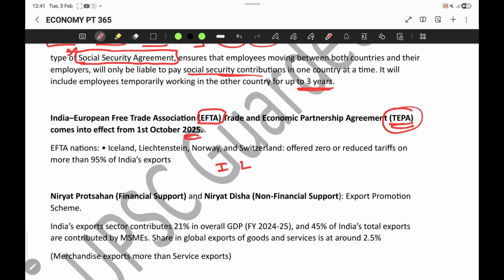Iceland, Liechtenstein, Norway, Switzerland. Remember these four countries. If some of the options do not belong, they will change one of the countries' names. These EFTA nations have offered zero or reduced tariff on 95% of Indian exports.